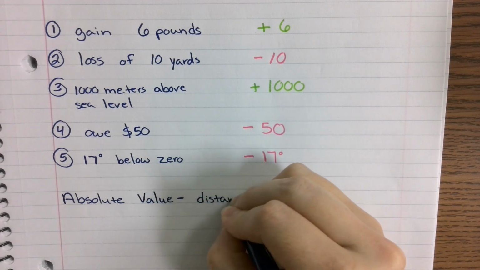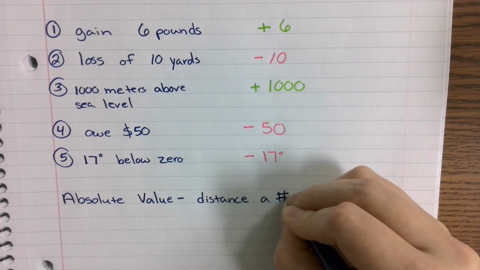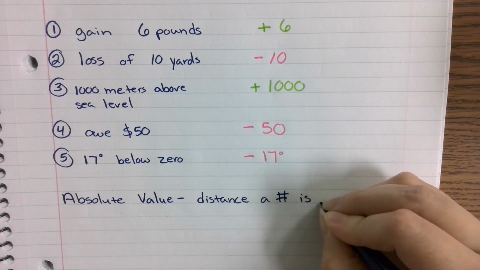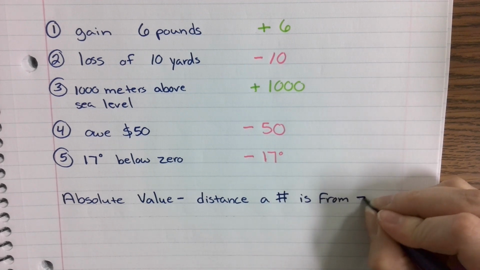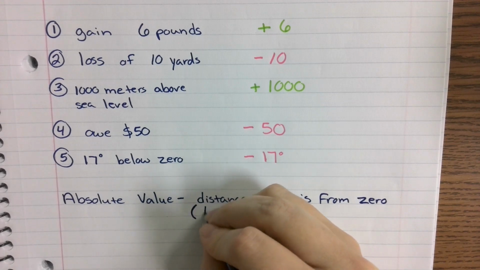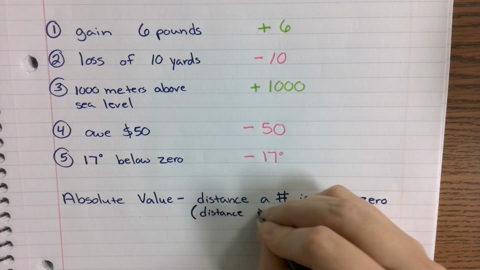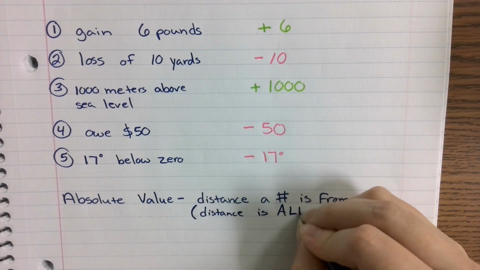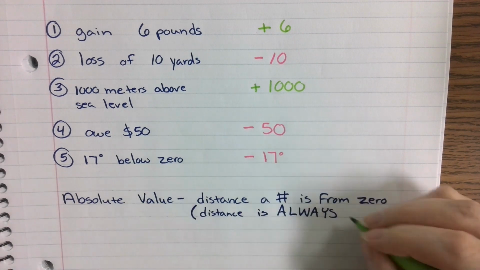And distance, guys, distance is always positive. So distance a number is from 0, and it's always positive. So that means if distance is always positive, then absolute value of a number is always going to be a positive.